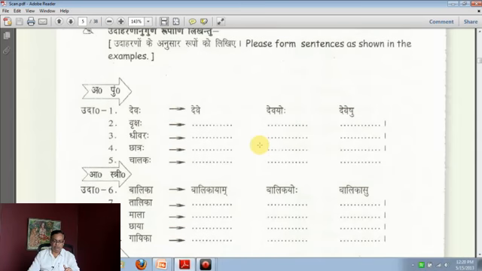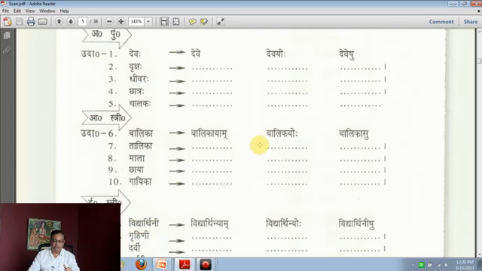So we'll see some of the Akaranta Strilinga Shabdas here. Balika. Now this is Akaranta, clearly seen. Balikayam. As we noted in the previous class, the termination in Strilinga is Yam, whether it is Akaranta or Ikaranta also. Nadyam. If you take Nadi, it becomes Nadyam. Ganga, Gangayam, Akaranta.